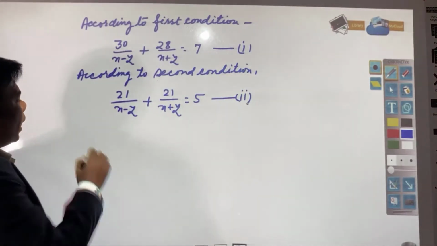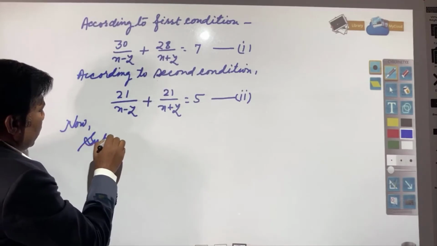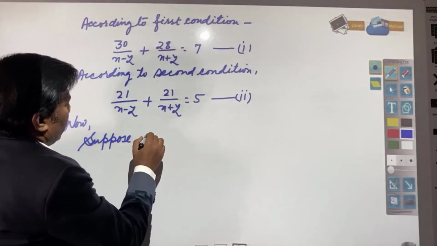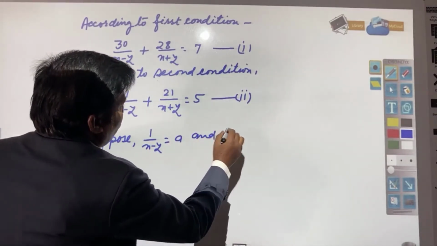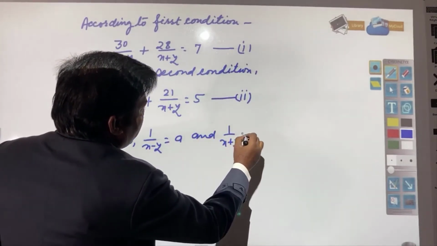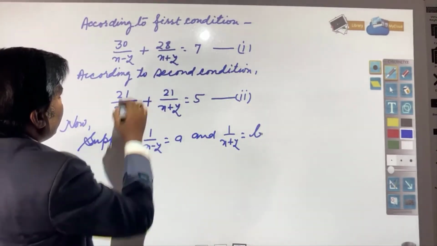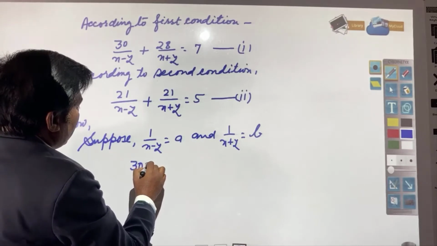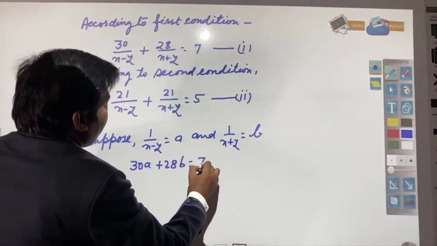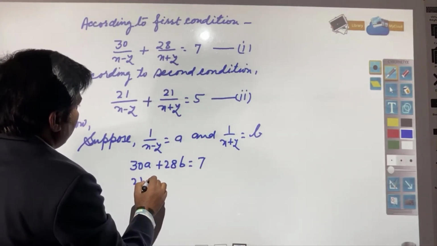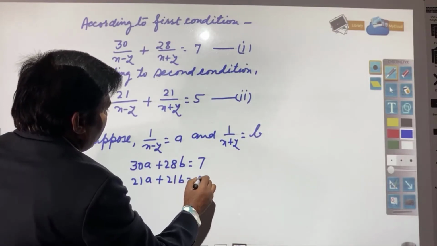Now suppose 1 by x minus y is equal to a and 1 by x plus y is equal to b. In that case, we will have these equations: 30a plus 28b is equal to 7 and 21a plus 21b is equal to 5.